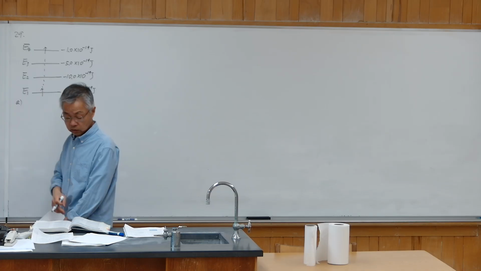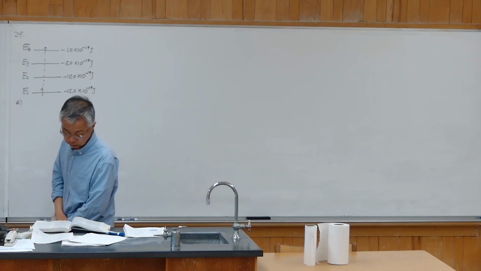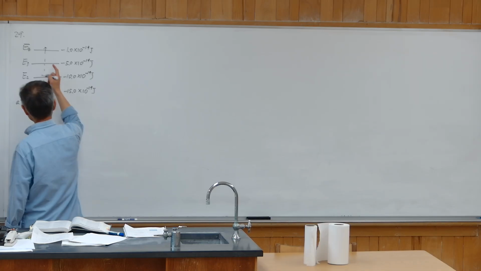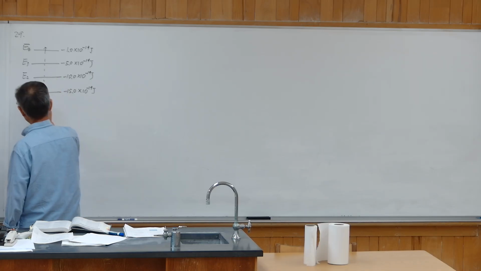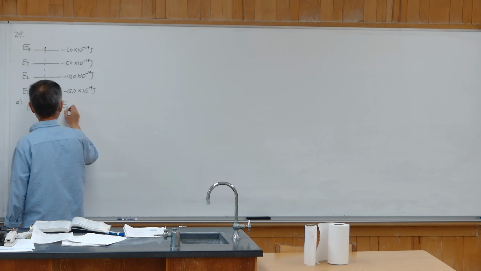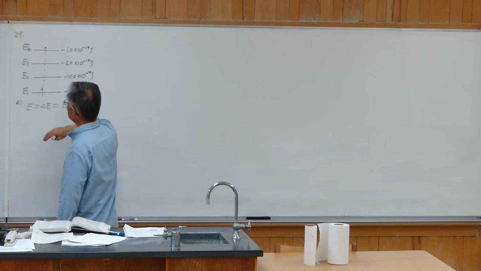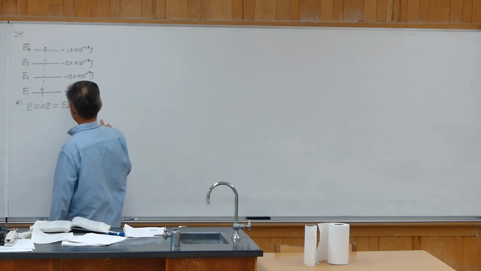Light consists of photons, right? So clearly, the energy needed from the light is the energy difference between E4 and E1, to excite the electron from E1 level to E4 level.